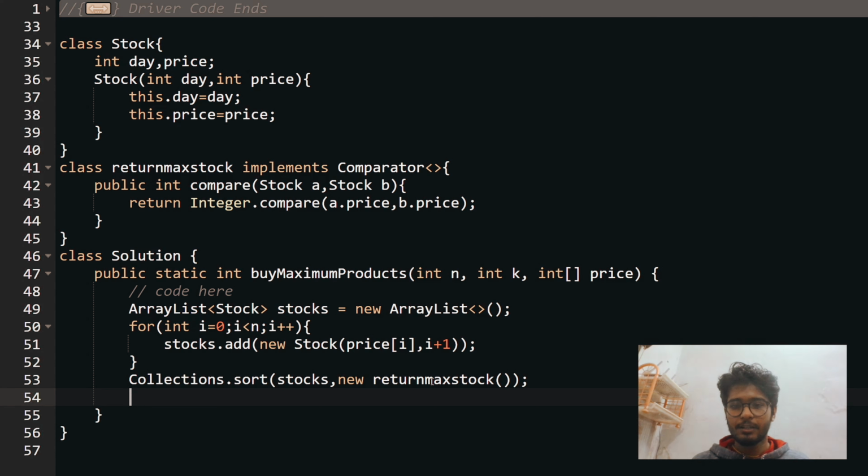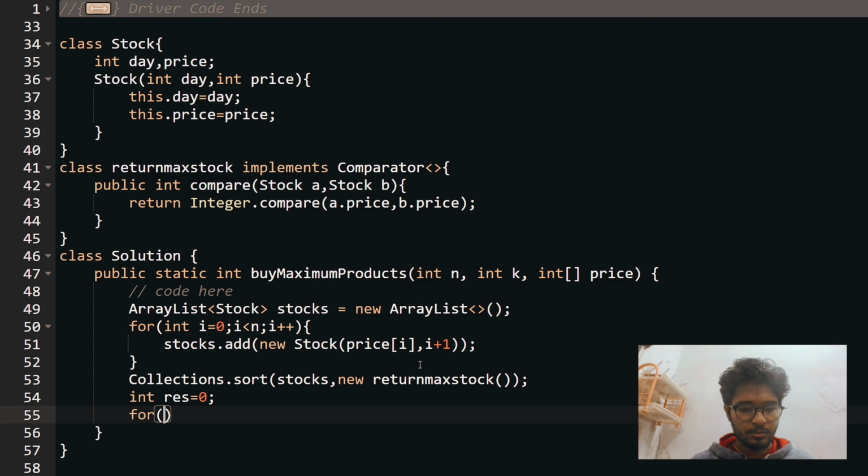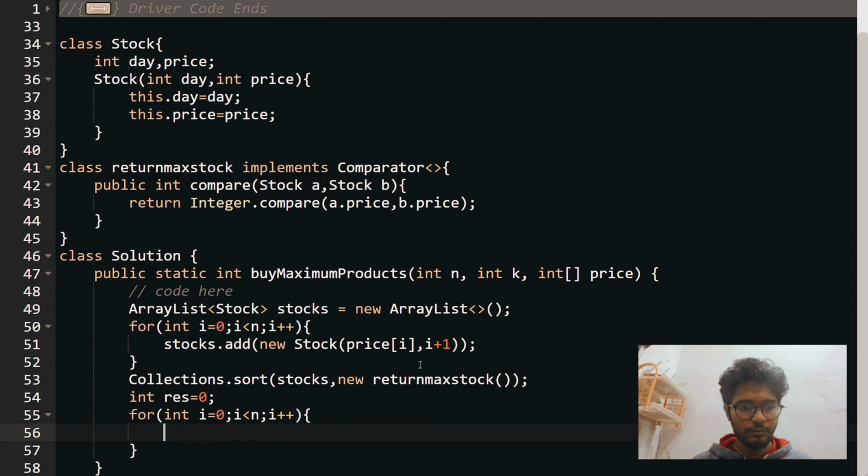So after sorting our array, we have to calculate the maximum number of stocks we can buy. So let us take a variable result which will store the final result. Now we have to run a loop in our sorted ArrayList, i less than n, and i will increment by 1.